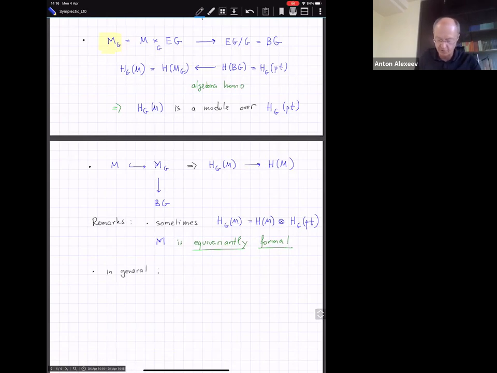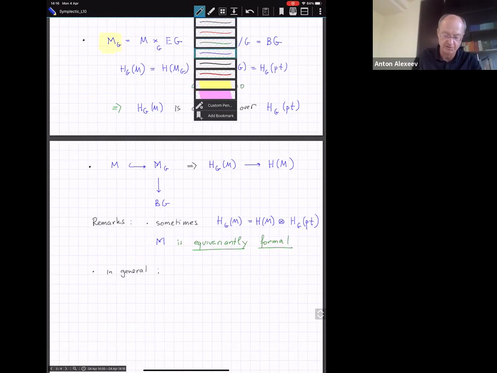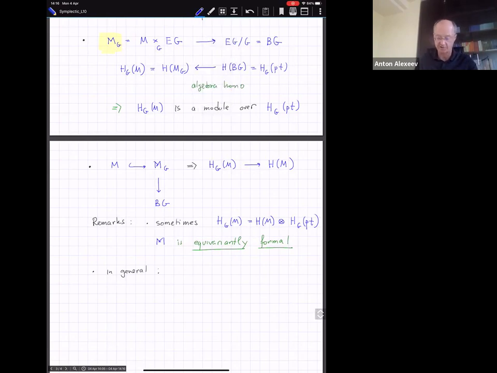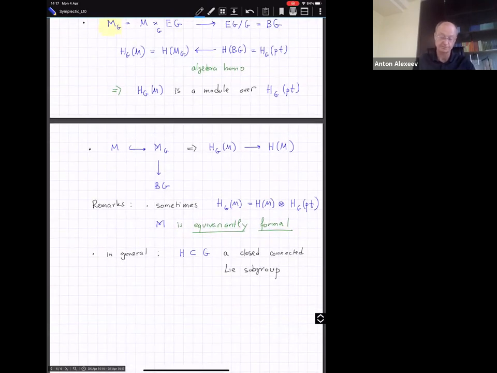In general, we're not going to develop it now, but we're going to use it later on. Suppose that you have a subgroup H of G, say a closed, connected, nice subgroup.